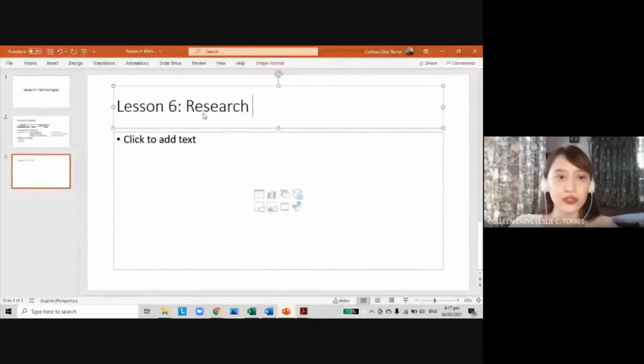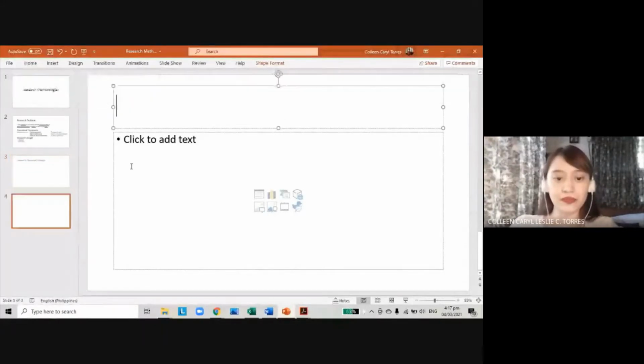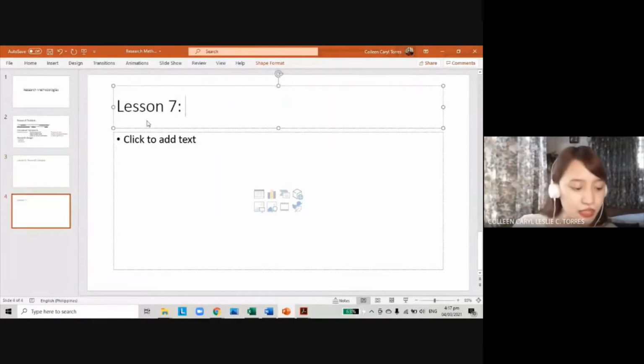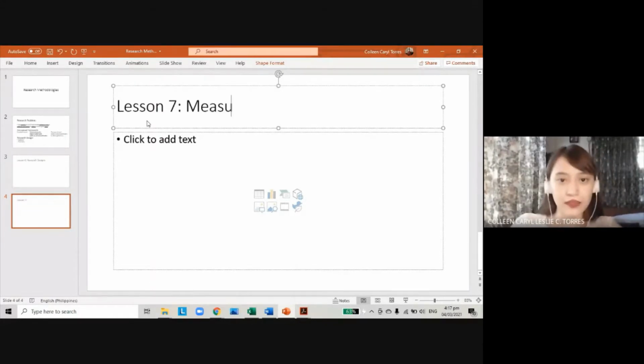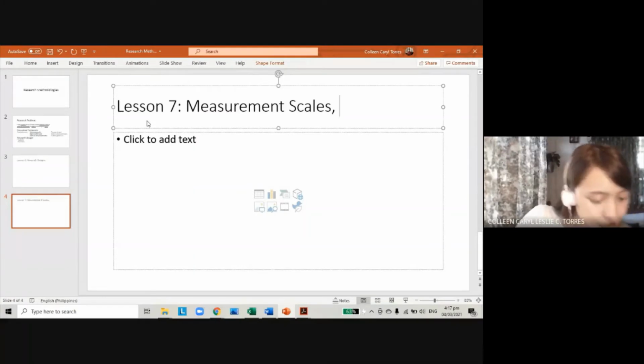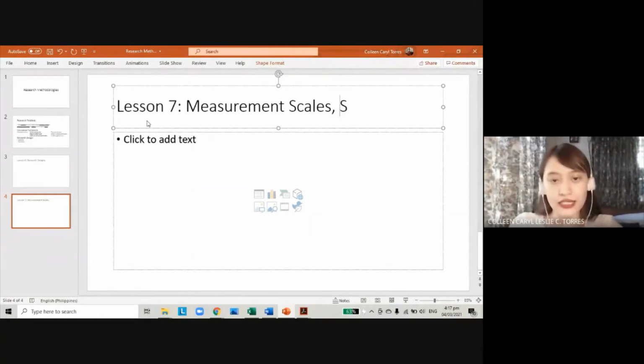And then we are also going to proceed to the next topic, which in the calendar I labeled as statistics, but today I think we're just going to look through measurement scales, collecting data using attitudinal scales, or rather measurement scales, and selecting a sample.